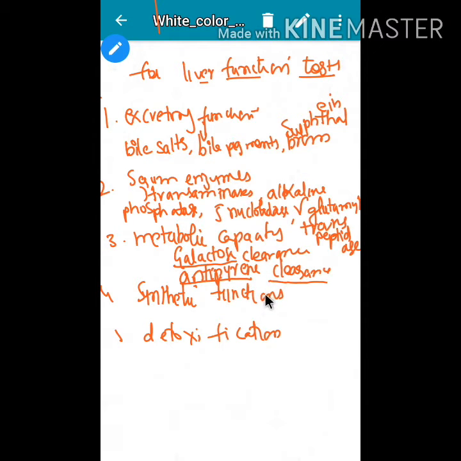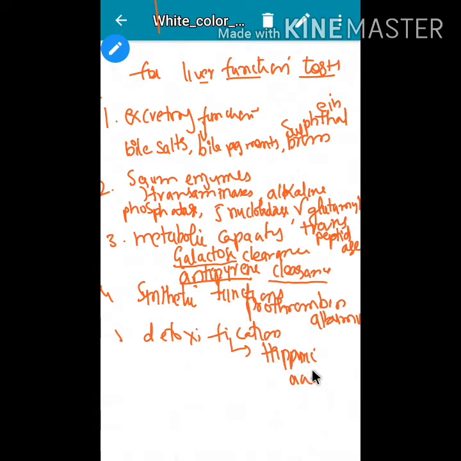One more is synthetic function, meaning there are certain substances that are synthesized in the liver. They are prothrombin and albumin. These are synthesized in liver and appear in the serum. This is about synthetic function. One more is detoxification. We will measure uric acid levels.